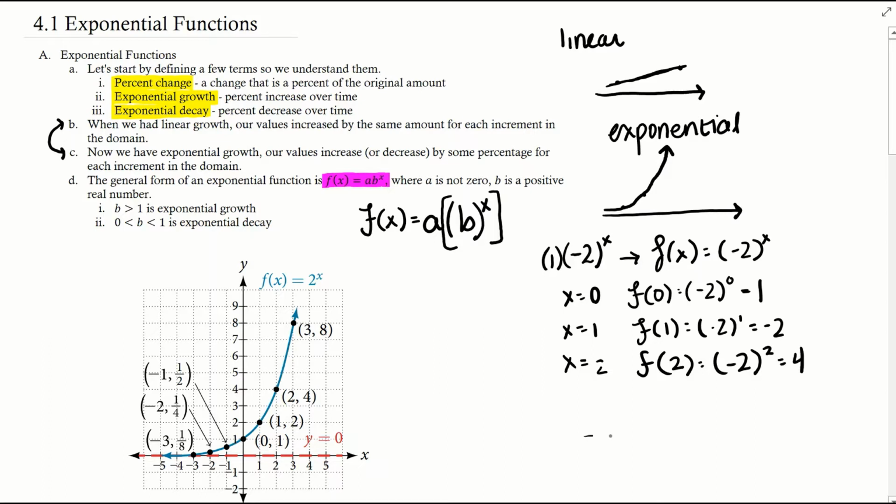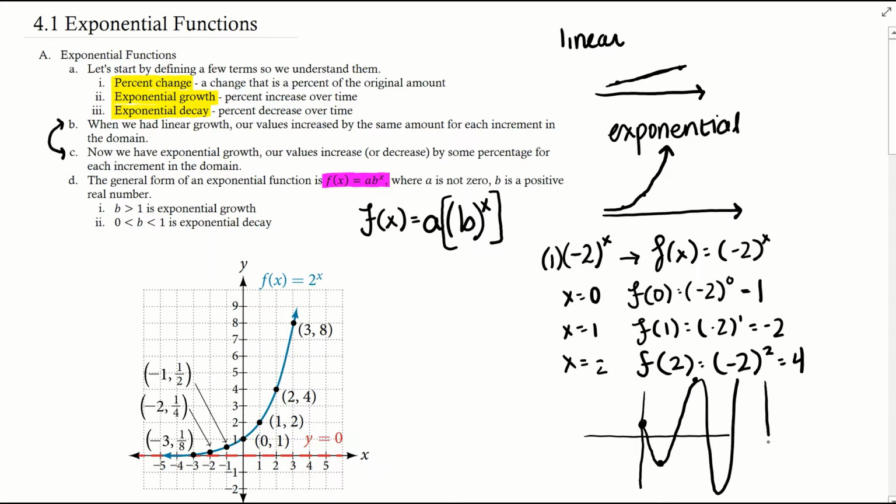So if we were to graph something like this, you could see that when x is 0, we would get 1. When x is 1, we would get negative 2. When x is 2, we would get 4, which is way up here. So our graph would be looking something like this, and it would just keep going and keep going.